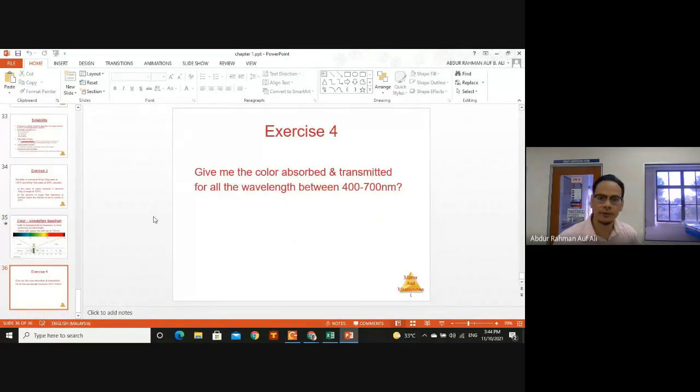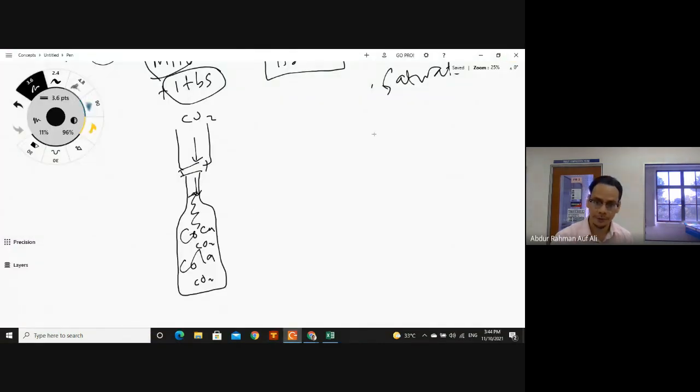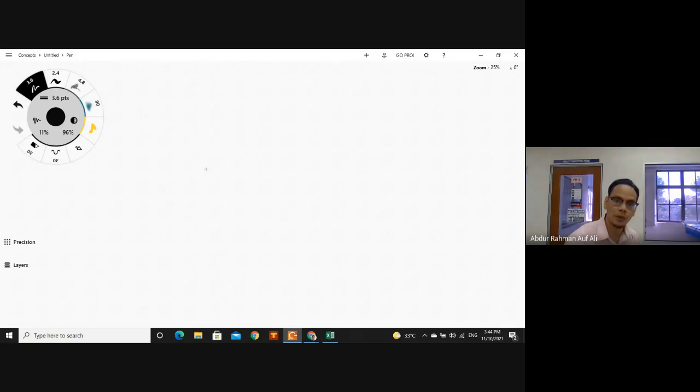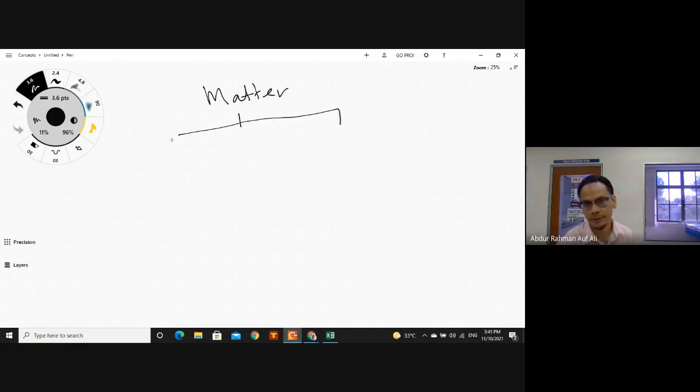Okay, I think that's it for today's class. Basically we have covered all the topics dalam chapter 1. So as a conclusion, what I want you to understand from this chapter adalah I want you to be able to understand ataupun explain what is matter and the types of matter.